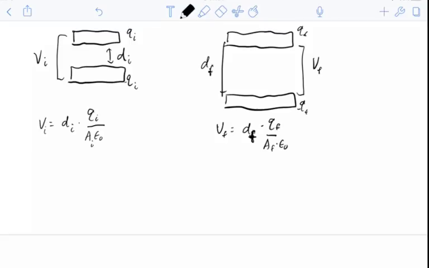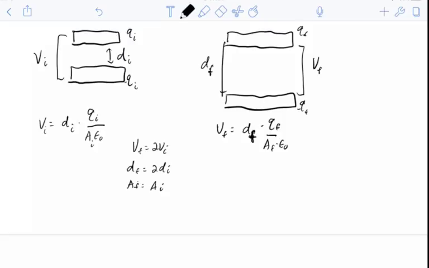Okay? And now we're going to relate the two sets. So in this case, V final is 2V initial, I believe. And d final is 2d initial. And A final is equal to A initial.